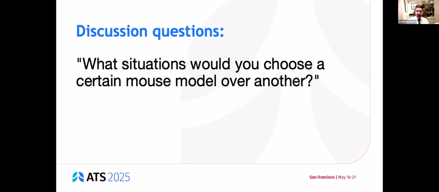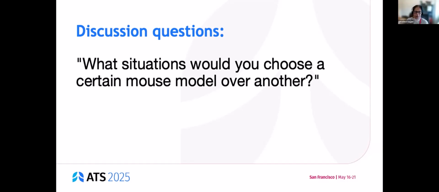I would tend to gravitate a little more towards a genetic model over something like a cigarette smoke or an infectious model if I really wanted to study a compartmentalized response, meaning to knock out a specific gene in a specific tissue. For instance, if you were interested in COPD-related cachexia and you wanted to study how that works in muscle, you could perform muscle-specific knockouts versus a global knockout, where you'd be introducing that mutation in the lungs and muscles similarly. So I think those would be a couple of first-order comments.